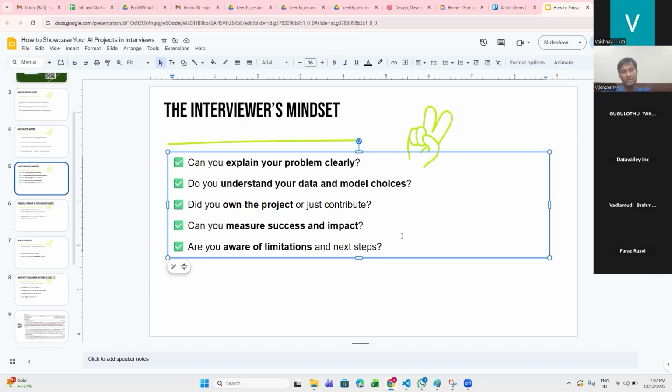Okay. Now the next point is, are you aware of limitations and next steps? Correct. So you built a project, that's great, but are you aware of what kind of limitations existed when you worked on this project? For example, can you do everything? You cannot.